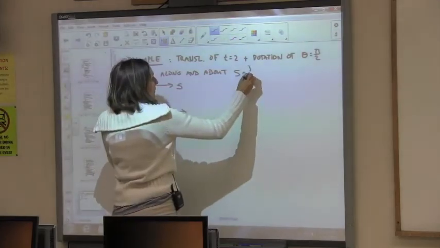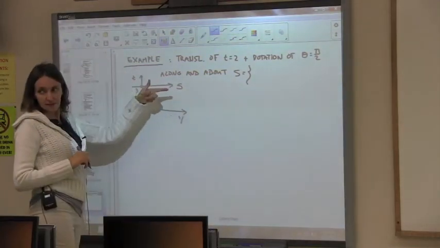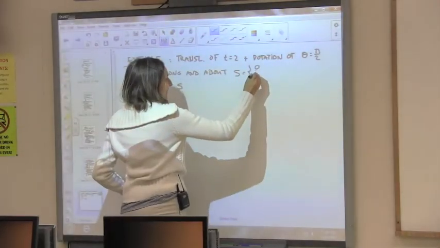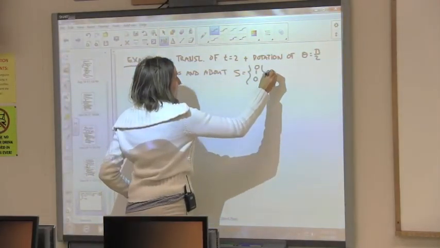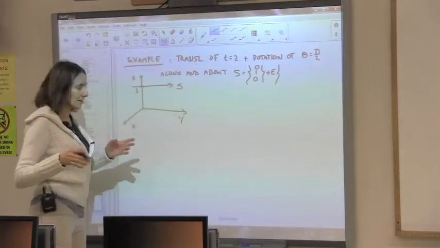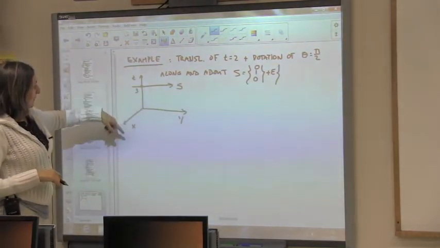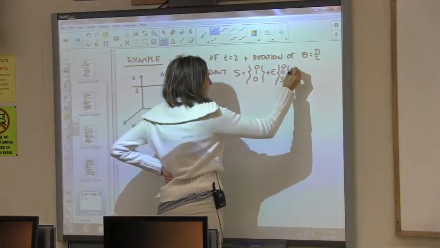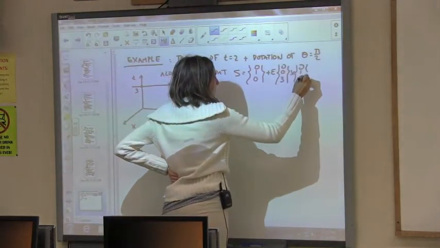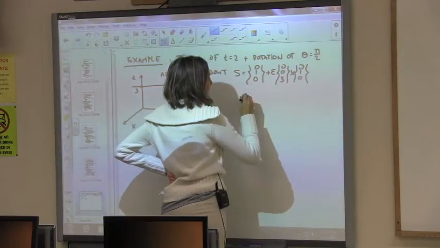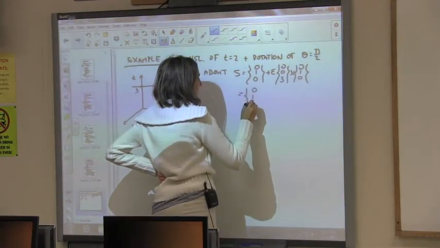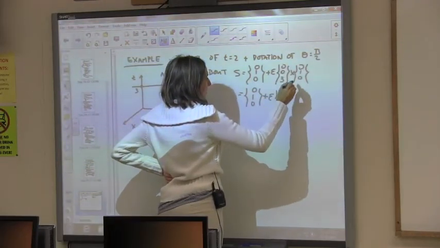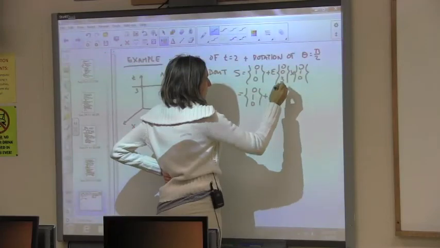And now we need the Plucker coordinates of this axis. Direction 0, 1, 0. And then the moment: we have to take the point 0, 0, 3, cross 0, 1, 0. And this is equal to 0, 1, 0 plus epsilon times minus 3, 0, 0.